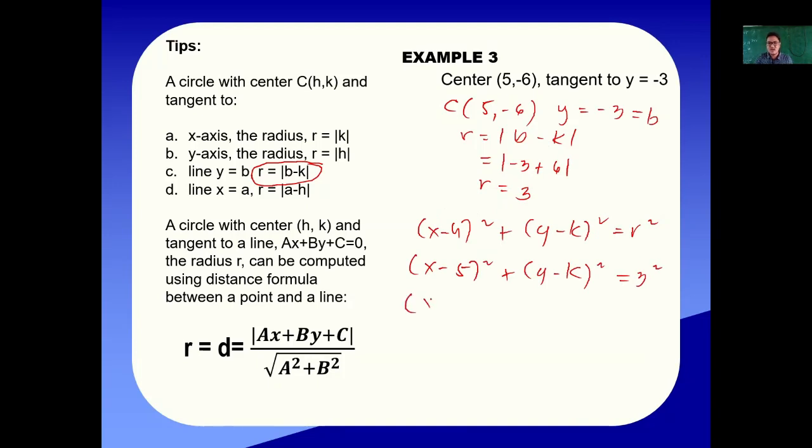We have (x - 5)^2 + (y - k). What is k? This is 6, right? Positive 6. Nakuha. Is equal to 9. Therefore, this is the standard equation if the center is (5, -6), tangent to y = -3.